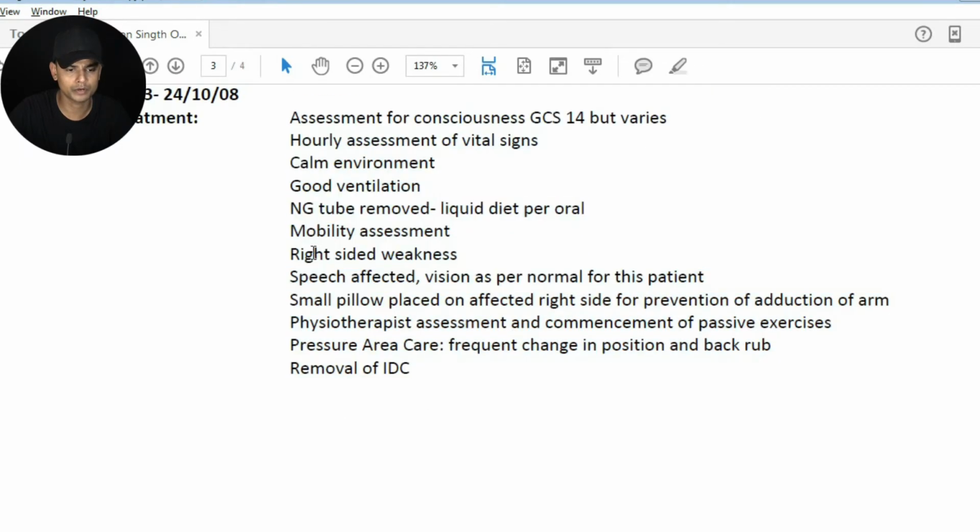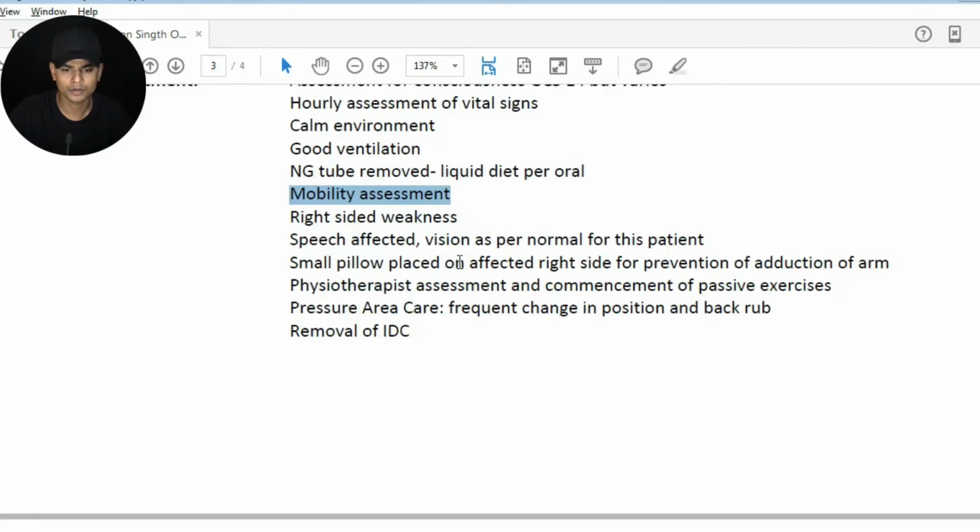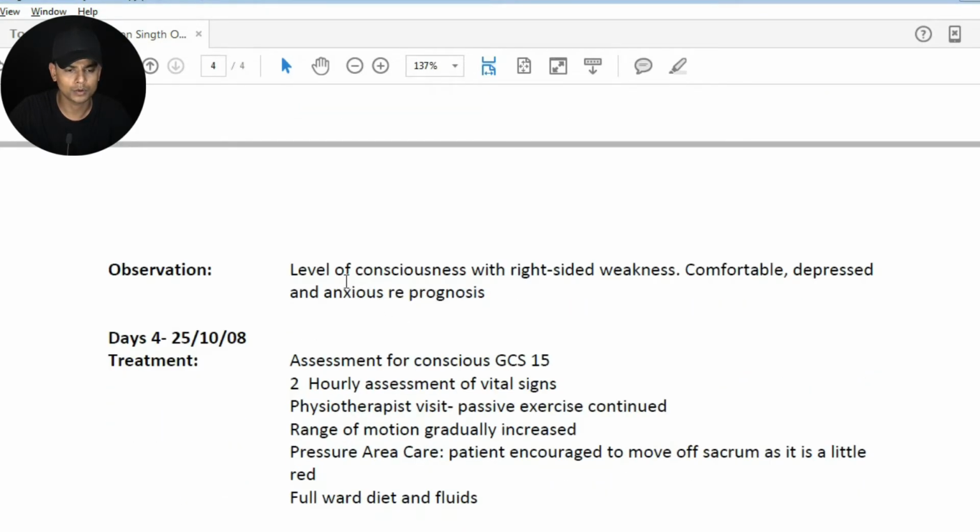But here we have included right-sided weakness. His mobility was assessed by physiotherapist. And he was commenced on passive exercises. Yes, we have mentioned that. Again, observation. Comfortable, depressed. Okay, we have included that. Depressed and anxious. All right.